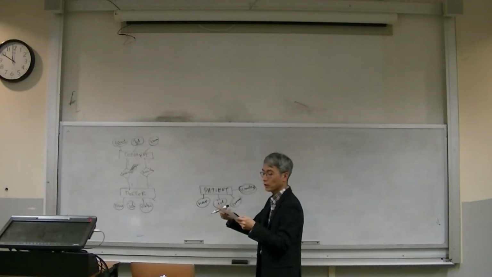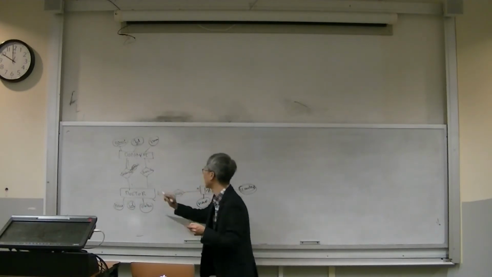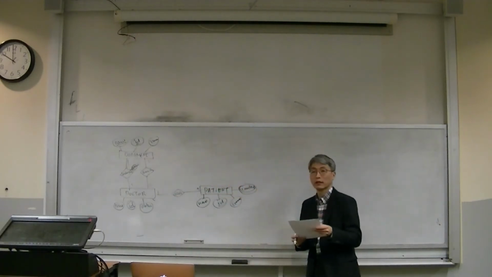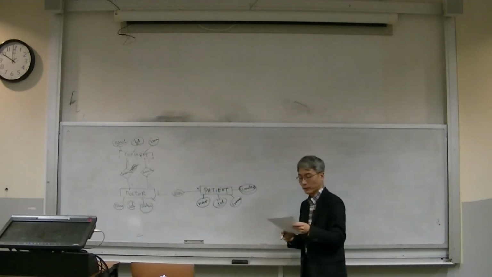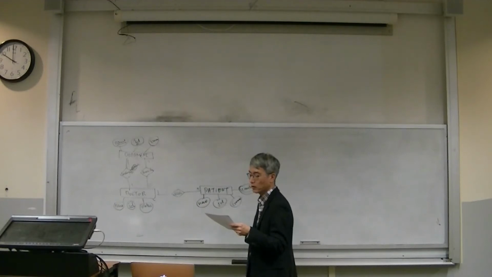Then the doctor has, each doctor has several assigned patients. Assign the patient, so many patients for one doctor, like this relationship. Okay. And the last one, each patient may be assigned to by several doctors.